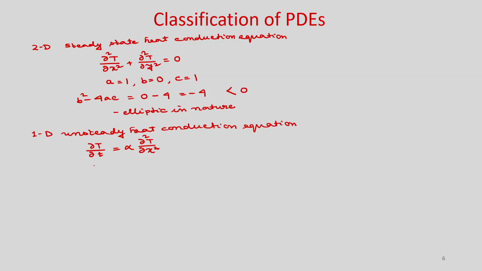If you see the coefficients, it is actually alpha ∂²T/∂x² is equal to ∂T/∂t. So, you can see the coefficients. A is alpha, there is no mixed derivative, B is equal to 0, and there is no ∂²φ/∂y². So, that means C is also 0. These are the coefficients.